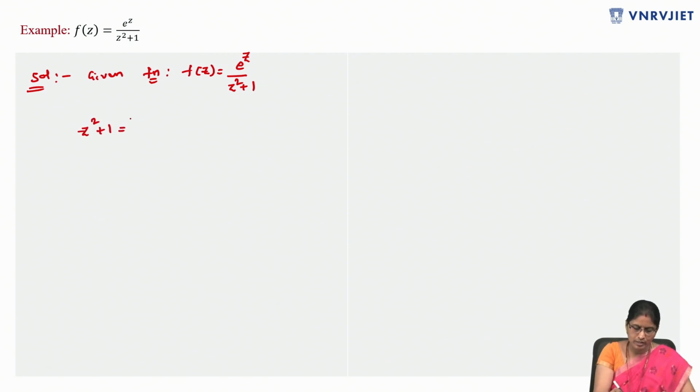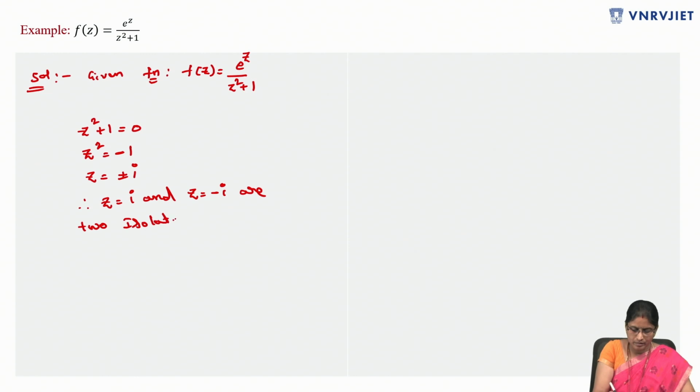Setting z square plus 1 equal to 0, we get z square equal to minus 1, then z equal to plus or minus i. Therefore, z equal to plus i and z equal to minus i are two isolated singular points of the given function f of z equal to e power z by z square plus 1.